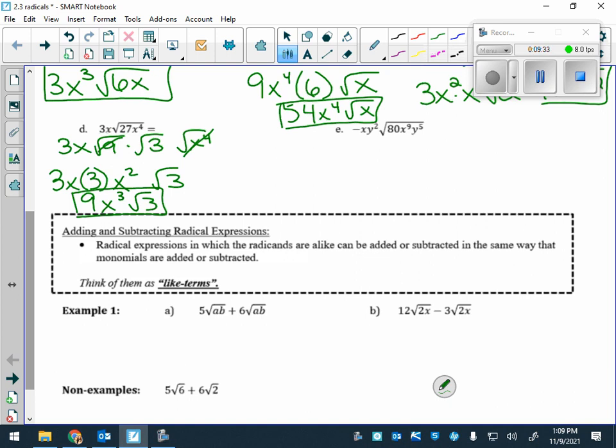Okay, Sabrine. Okay. Esteban. Okay, Sam. Negative 8x to the 5th y to the 4th, square root of 5xy. Okay. Emma? Nolan?